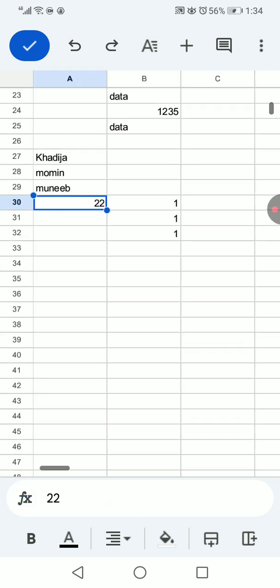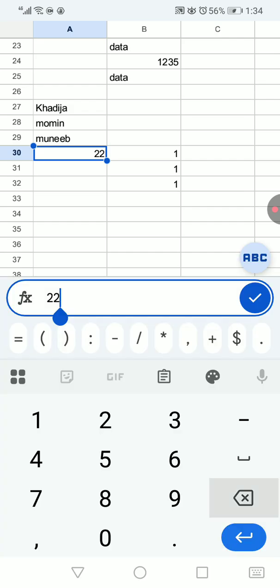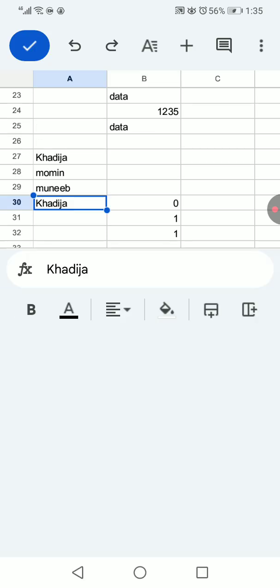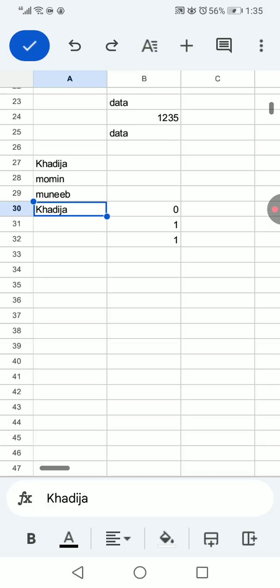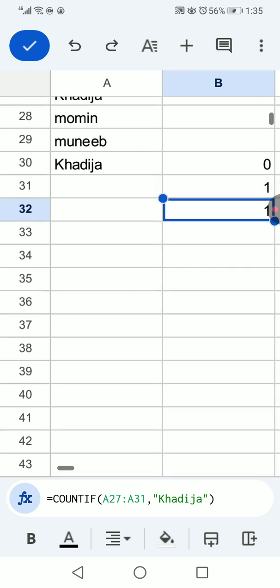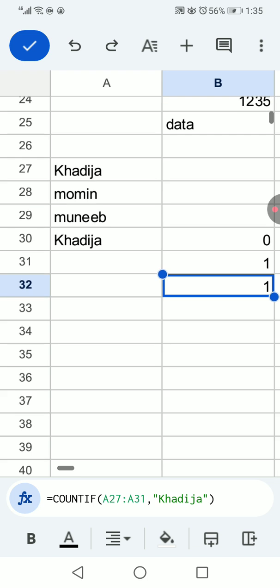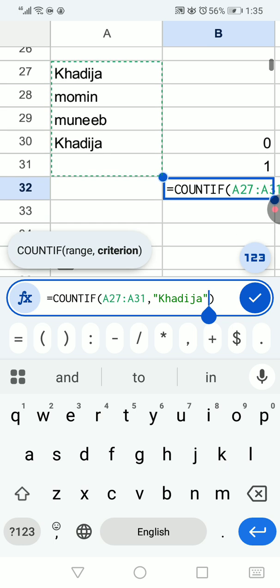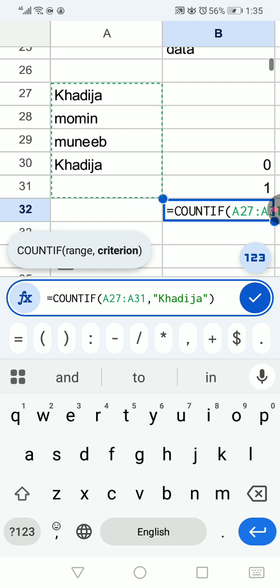And now I'm going to put Khatija over here once again. So how many times? Now there will be 2 times. Over here the answer would be altered, and here we will see the selection of these cells. Khatija.